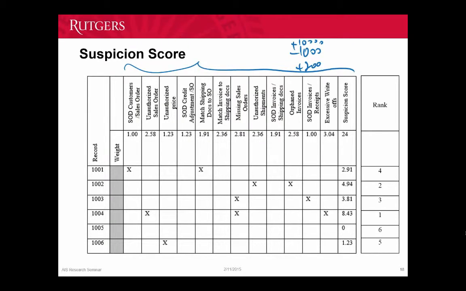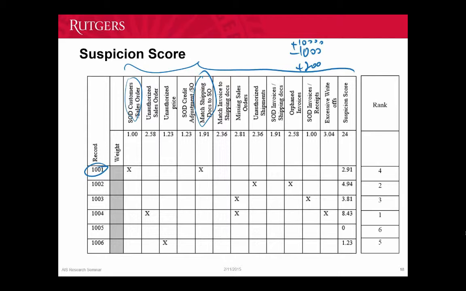Then the next idea was, let's say this transaction here, record 1001, violated SOD customers for sales order and violated matching shipping docs to sales order.